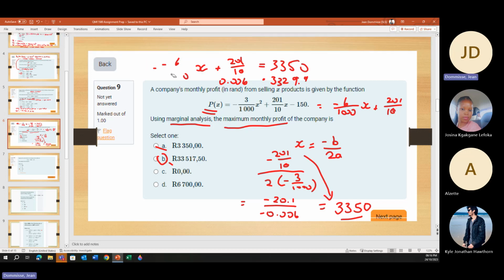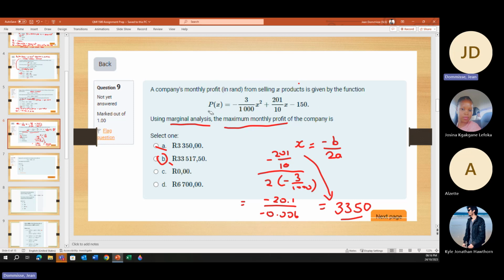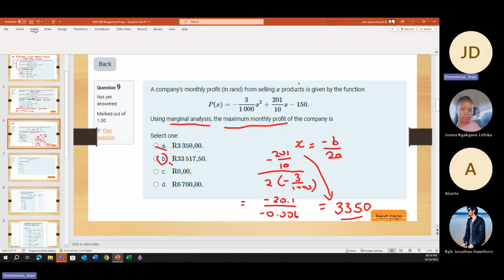Let's try this again. Josh, please remember what you did. Yeah, I did, and it becomes a massive number because of the x square.